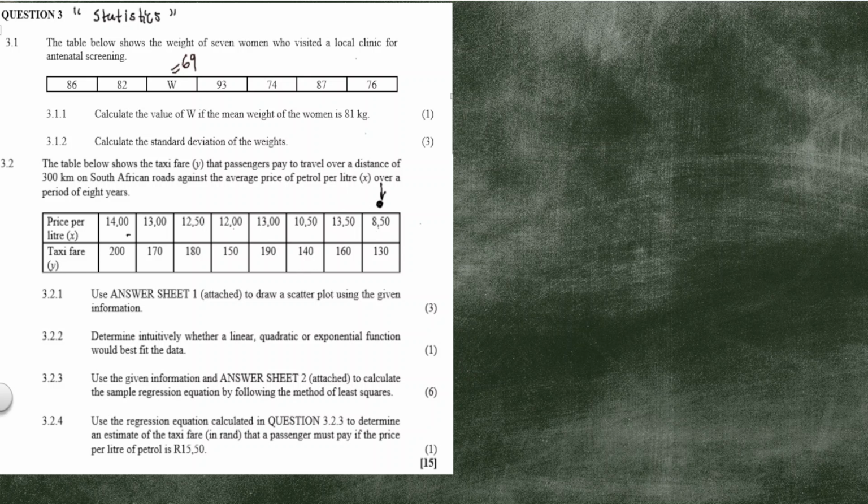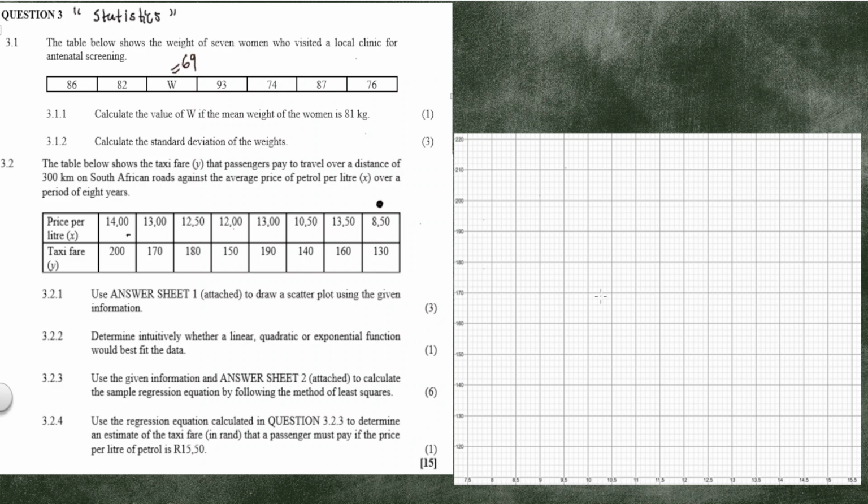So for this discussion, we want to use the answer sheet to draw a scatter plot using the given information. I have the grid prepared. It's from the answer book of the exam. So we're going to have this as our grid.